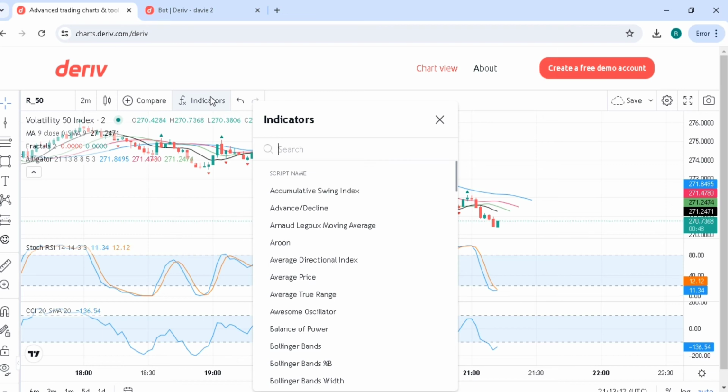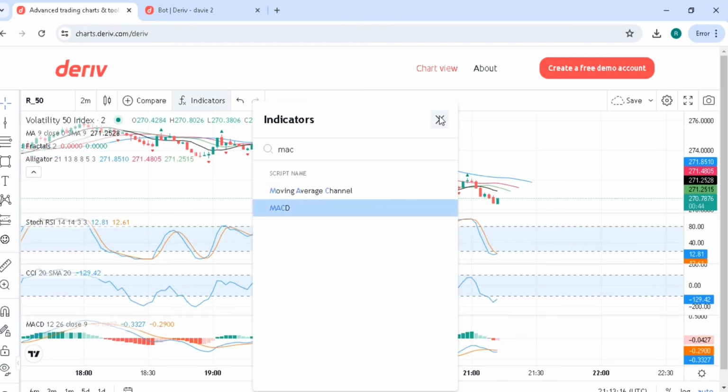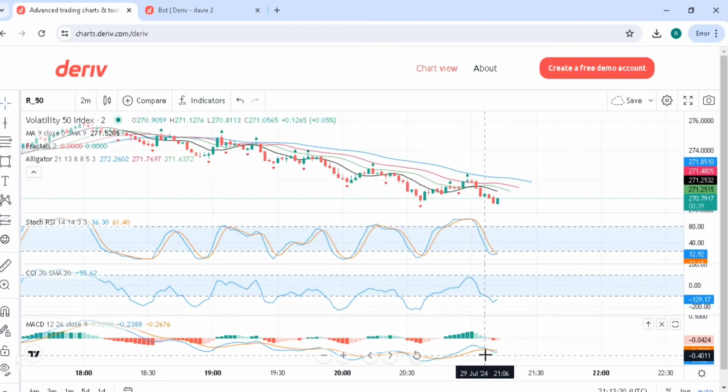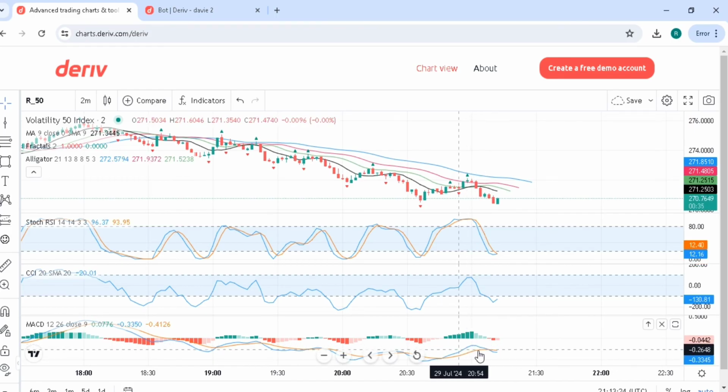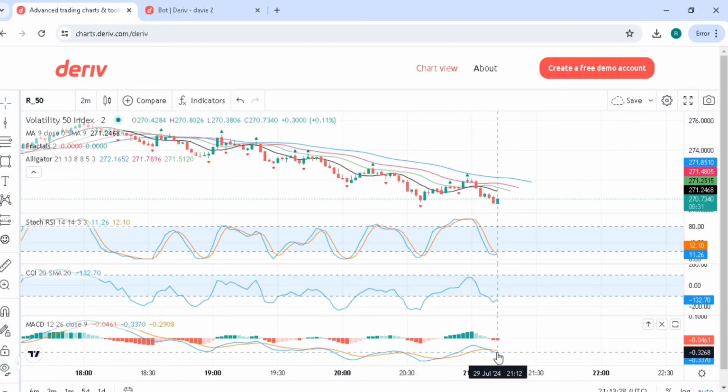The MACD is also okay, but we say that the MACD is somehow slow. Sometimes it's not quick to respond. And for the MACD lines, these oscillators, we said that once they have crossed and started separating, just like for stochastic RSI, that would be a good point to enter a market.